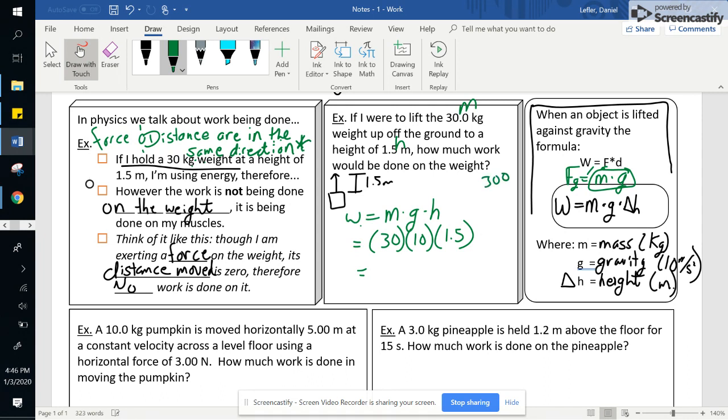I did not have a calculator handy. Should be 450 joules. That should be our answer. So that's how you would set this one up.